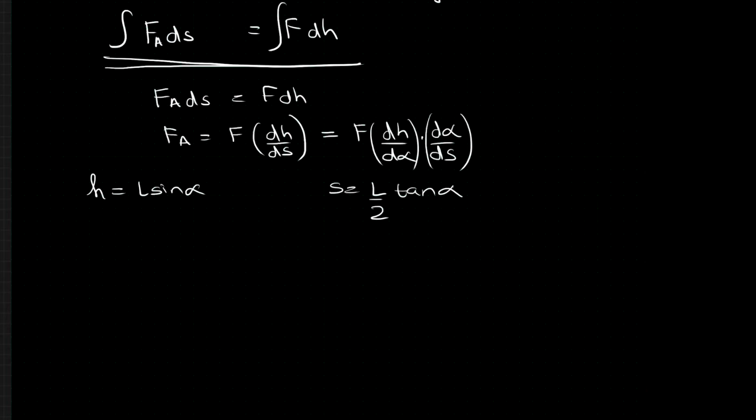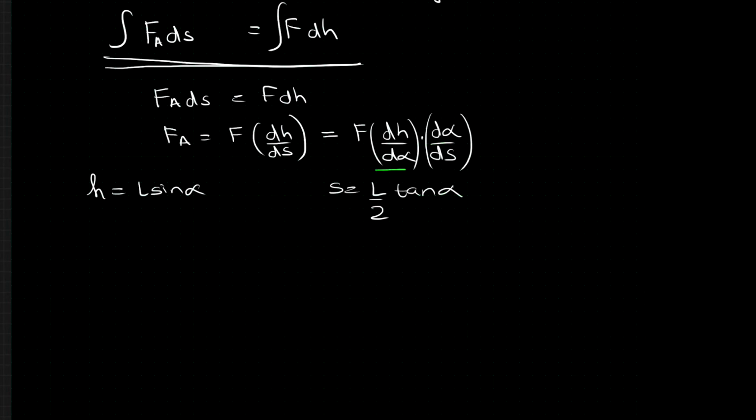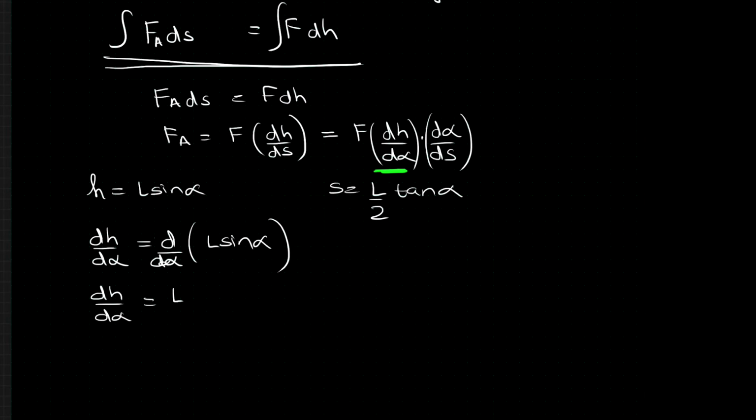That's the first thing we need to do, because we want to work out this part of the equation for FA. dH by d alpha is simply the derivative with respect to alpha of L sine of alpha. The derivative of sine alpha is cos alpha. So dH by d alpha is equal to L cos alpha.